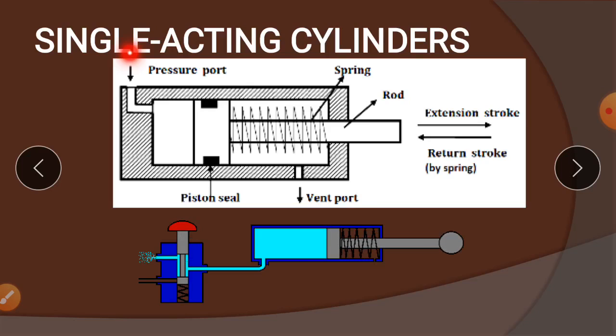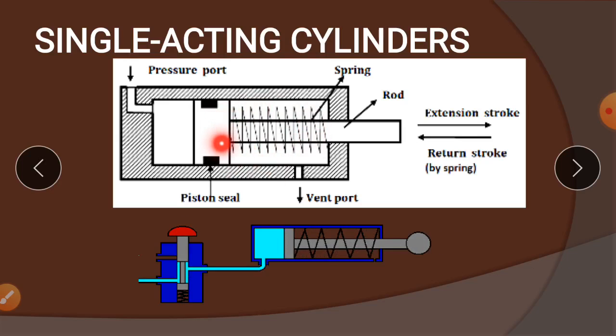As the fluid enters here, it will create pressure. The pressure increases here and pushes the piston to move to the right side because of the fluid pressure. When the fluid pressure increases, it pushes the piston, and the spring which is connected to the piston head gets contracted.